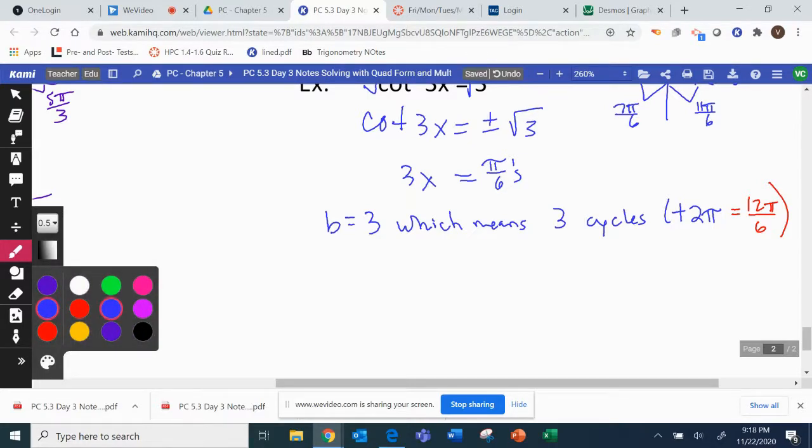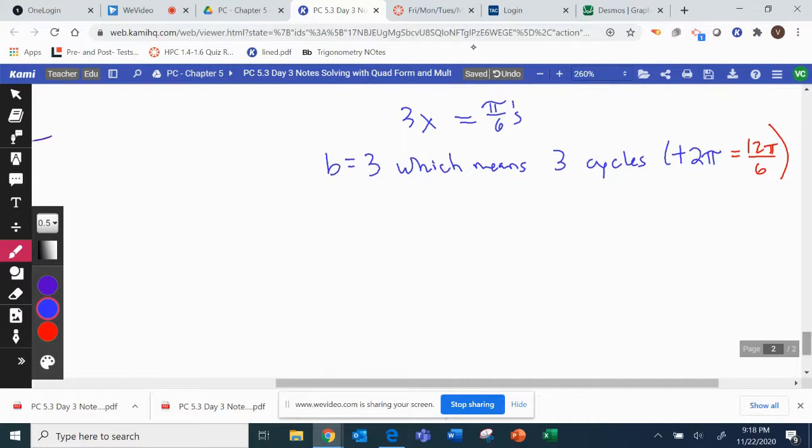Okay, so our first cycle is pi over 6, 5 pi over 6, 7 pi over 6, and 11 pi over 6. That's my first cycle, and these are all for 3x equals.